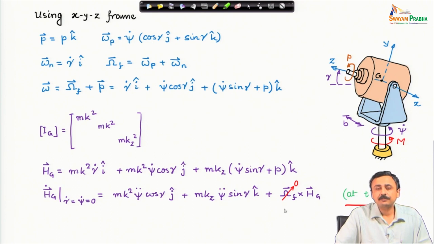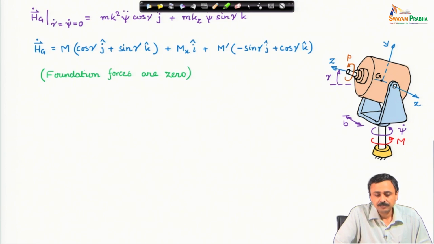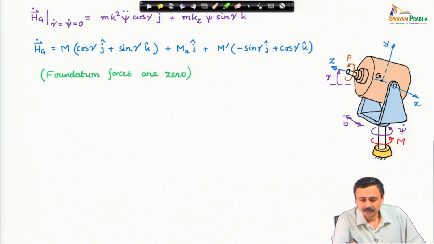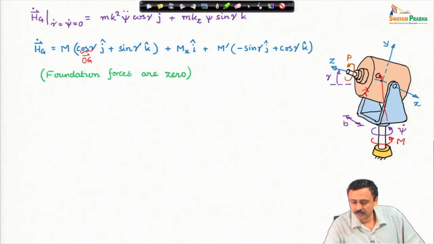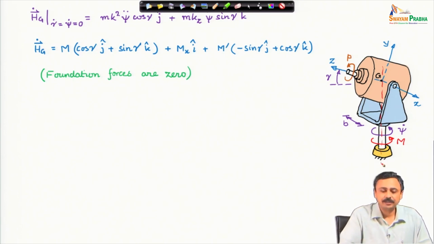We find that the frame angular velocity at 0 plus is 0, and we have this rate of change of angular momentum at t equal to 0 plus, and this must be equal to all the moments. Now, the center of mass is sitting right on this axis of rotation, therefore it will not produce any moment.